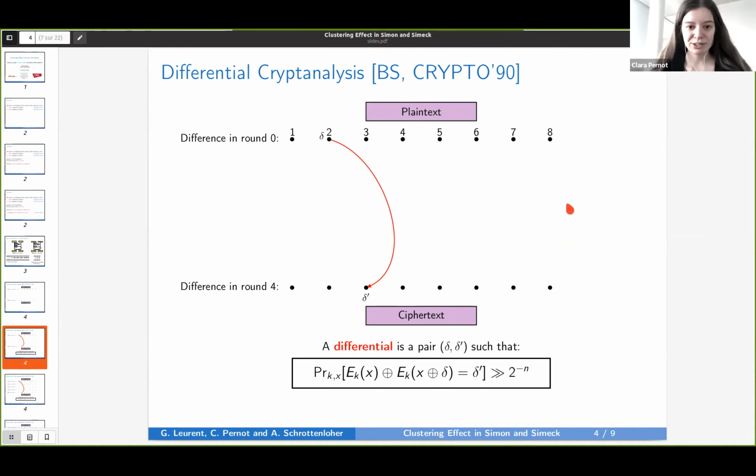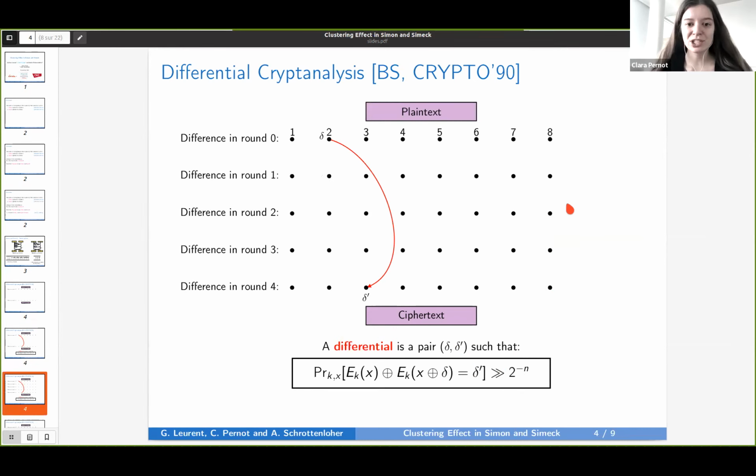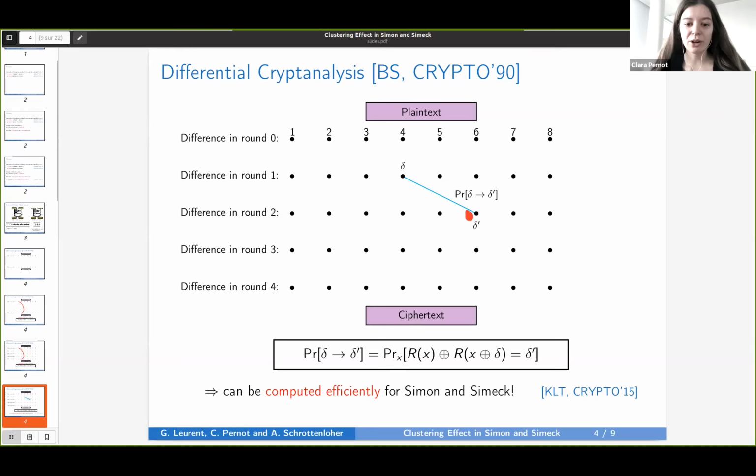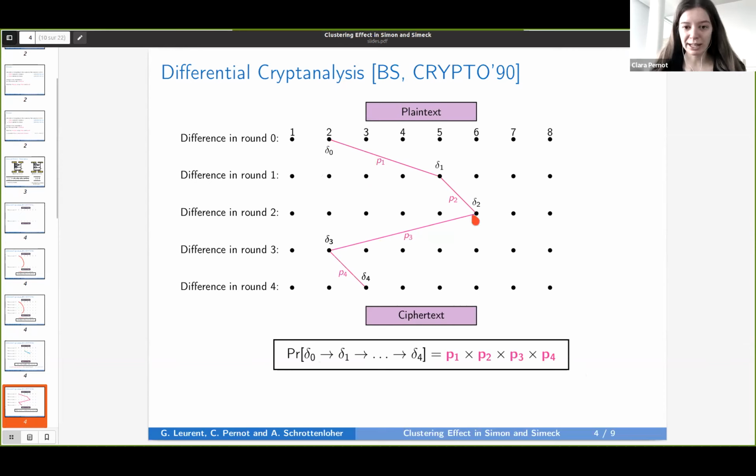To find such a differential, we study the propagation of differences through every round. First, through one round, this probability can be computed efficiently for Simon and Simeck. This was demonstrated by Kölbl, Leander, and Tiessen at Crypto 2015. This can be extended to the probability of one trail. A trail is defined by all the intermediate differences, and the probability of a trail is the product of the probabilities of each round transition.